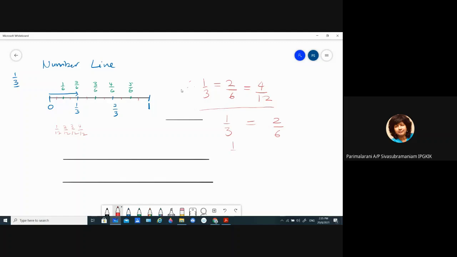We can write this as 1 times 2 over 3 times 2, which is 2/6. And 1 times 4 over 3 times 4 is 4/12. Here you multiply the numerator and the denominator by the same number.